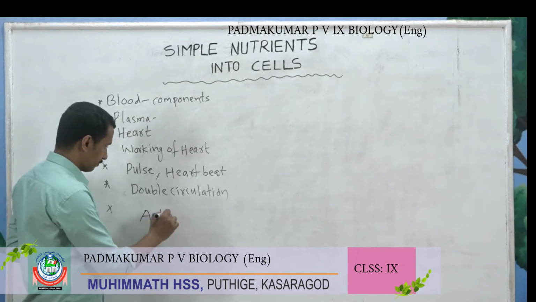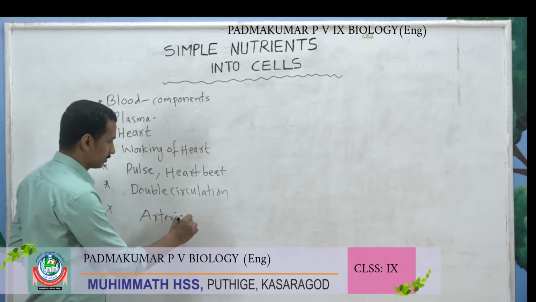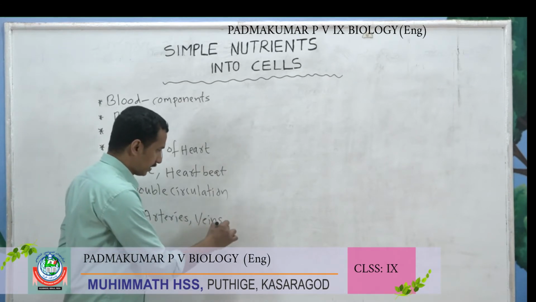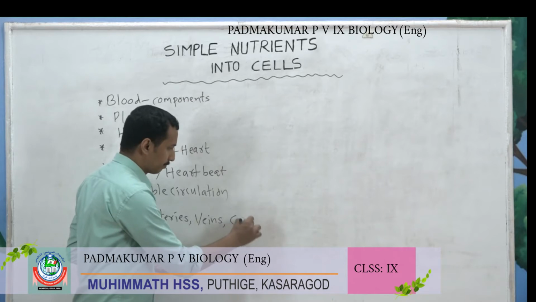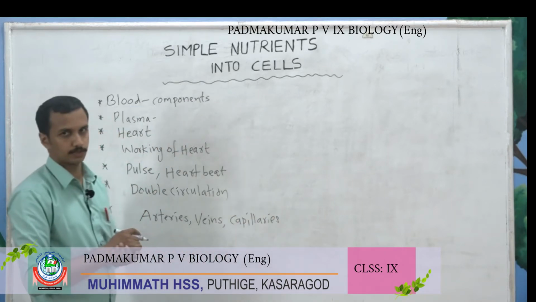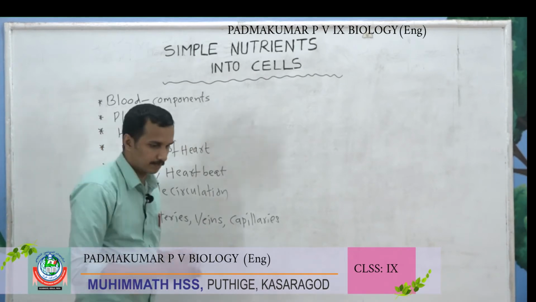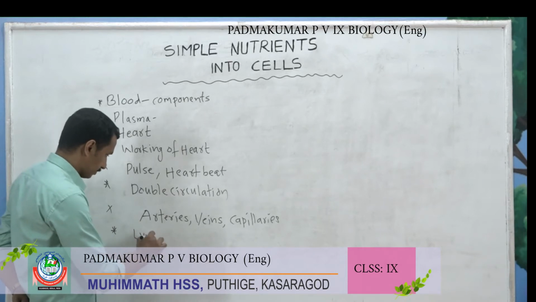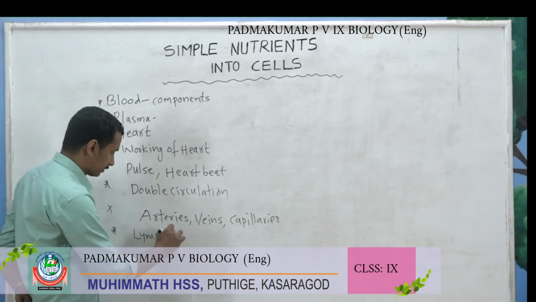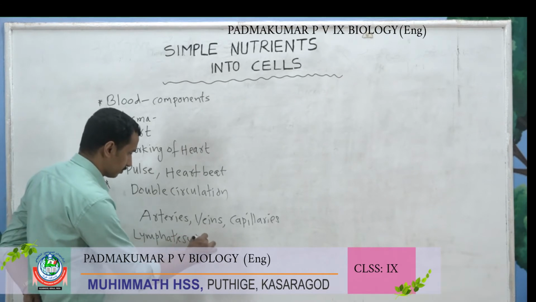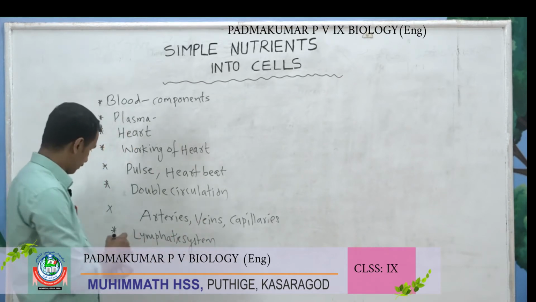arteries, then veins. In addition to this, blood capillaries are also included in this chapter. Then the lymphatic system is also included here.